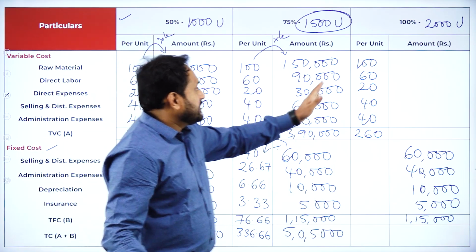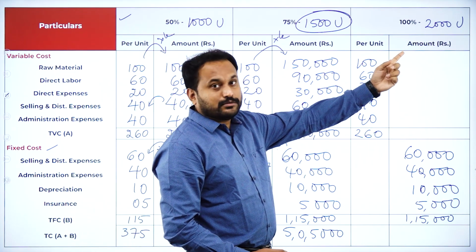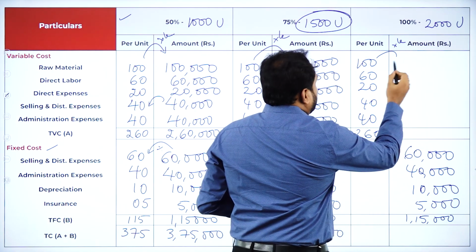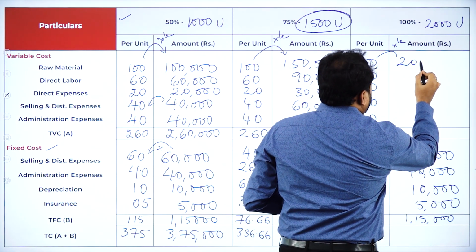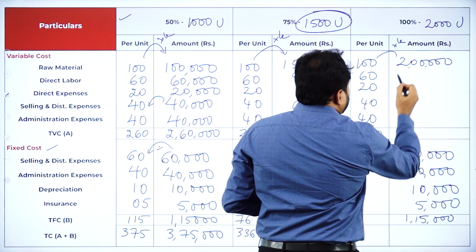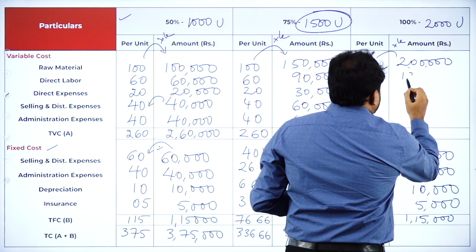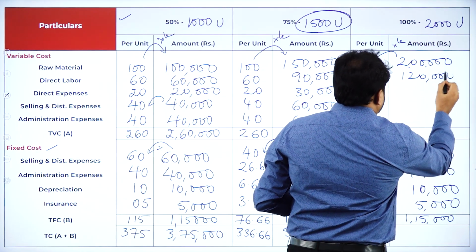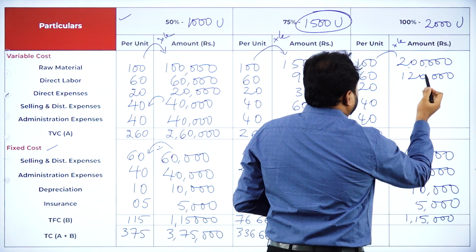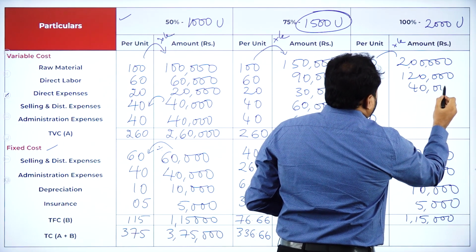Next thing, same way for 100% you are supposed to calculate. Now 100 into 2,000. Let's go with this. Again we'll multiply. So whatever it is here, it is 2 lakh. You got 2 lakh here. Done. Now 60 into 2 is 1,20,000. 20 into 2 in the sense you got here 2 2s is 4, so you got here 40,000.